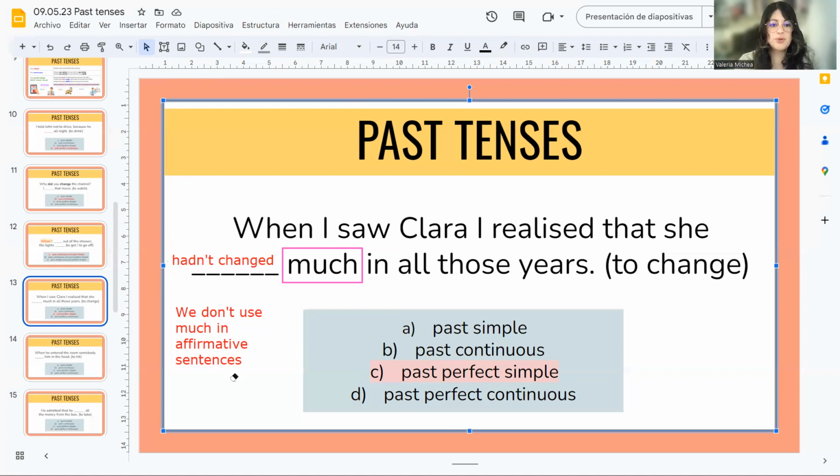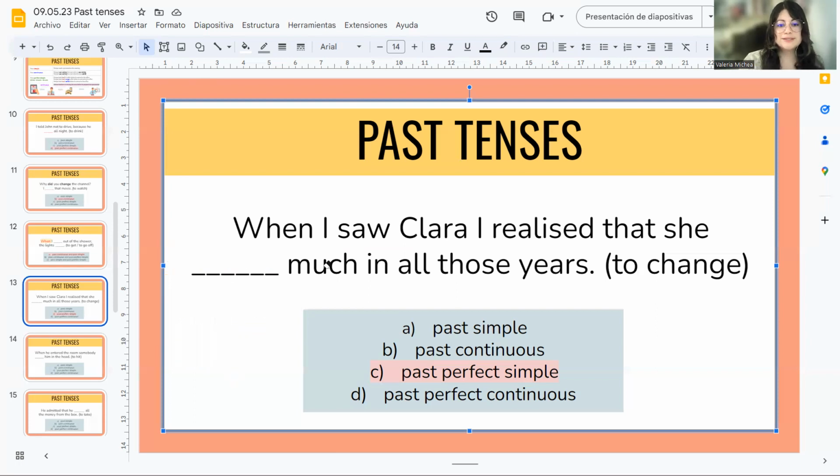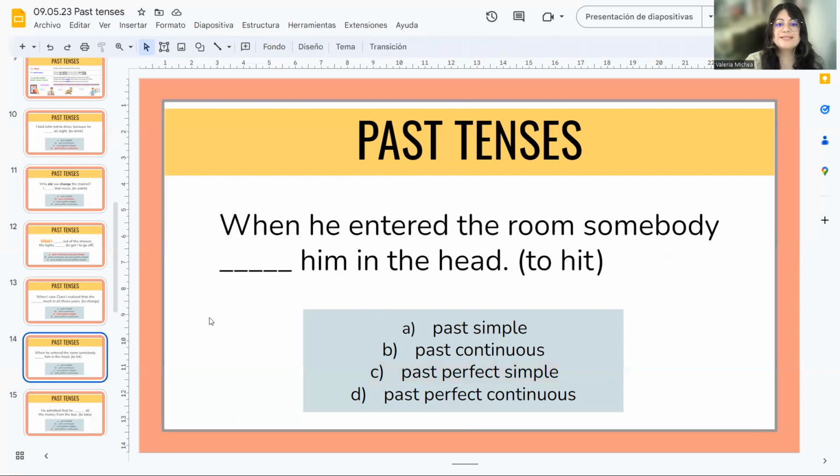Yeah, so let's continue. We have solved this one, a tricky one also. And remember, we have the connector when, and I told you that usually it goes with the past continuous, but not only, not exclusively.